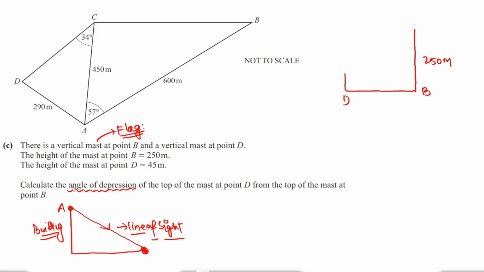Now, when you are making the angle of depression, you need to draw two lines all the time. From where you are looking at the object, one line is the line of sight and the other line is horizontal. Horizontal means first you align your eyes or your head horizontally, and then we look at how many degrees you have depressed your head to look at the object.